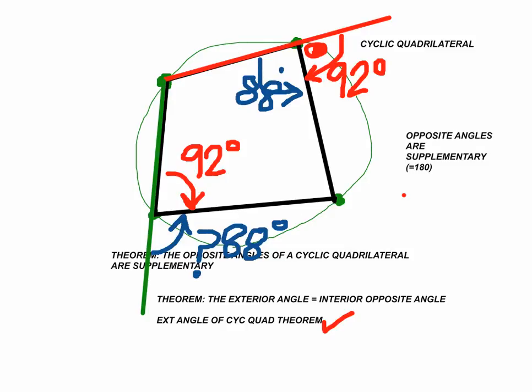Now, just notice something without us even realizing it: if I take this angle here and that angle, which is the opposite angle, do you notice that they are supplementary? You see there? Yes. 92 plus 88 is 180.